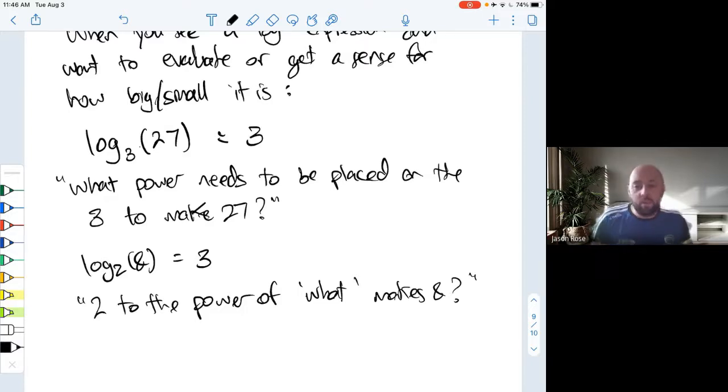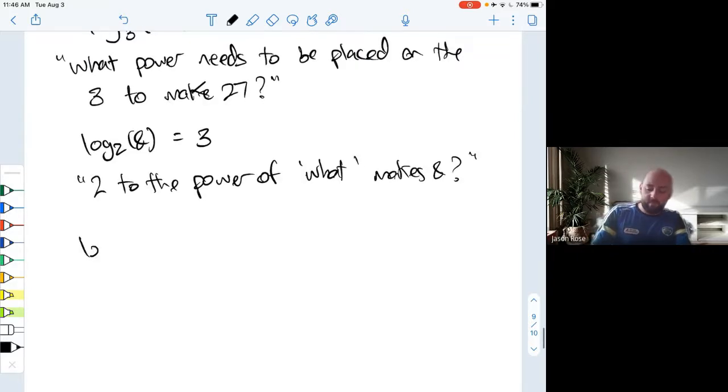Now, it's not always going to be nice, right? Because sometimes the power isn't nice. If I see log to the base 4 of 17, 4 to the power of what makes 17? It's not very nice because there is no nice whole number that makes 17 for you.